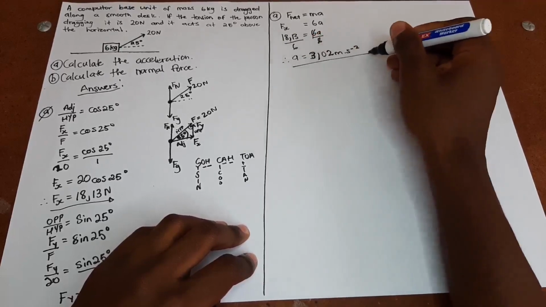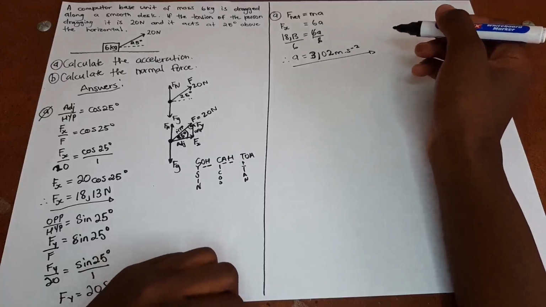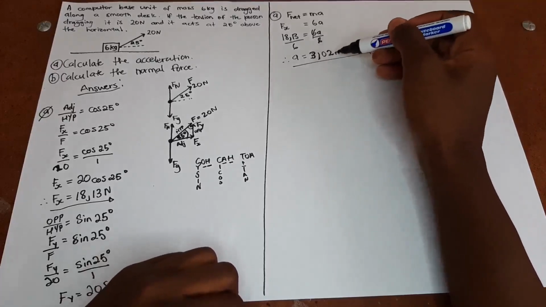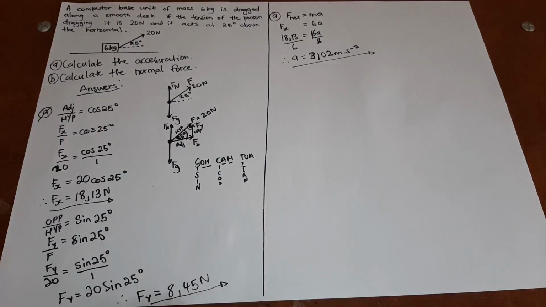Okay, so this is our answer: 3,02 meters per second squared. Yes, so that's how it goes, guys.